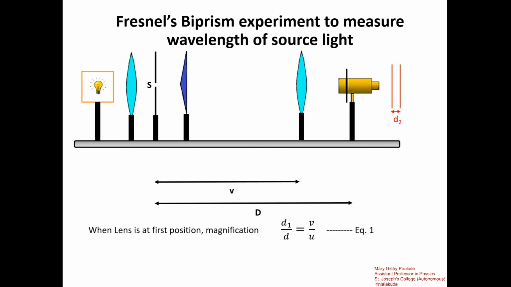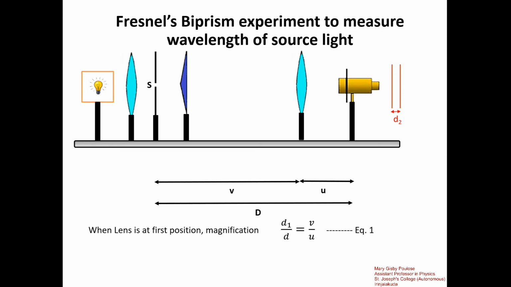Here the distance from the slit to the lens is measured as v, and the distance from the lens to the eyepiece is measured as u. Here you would have noticed that earlier the object distance was u and image distance was v. Now, by property of the second position, these two positions are actually called conjugate positions.